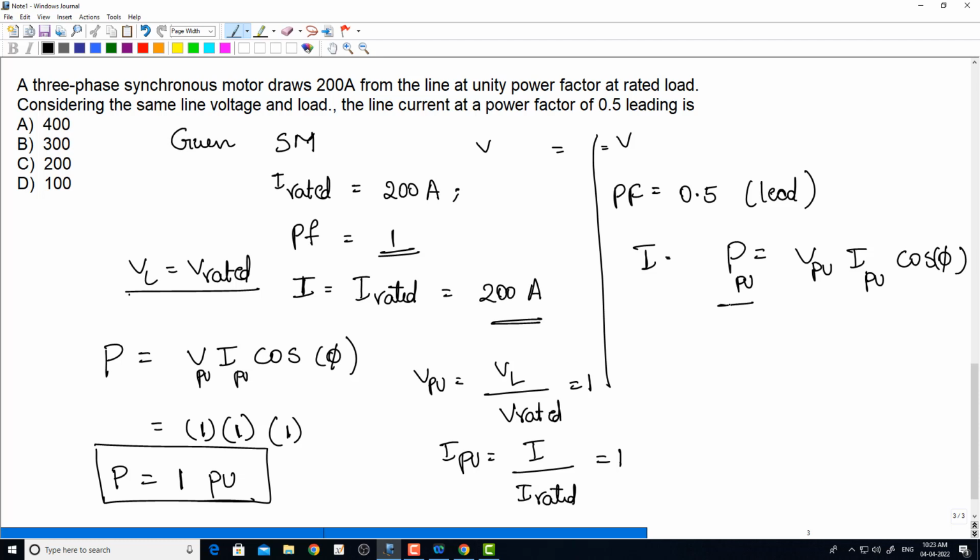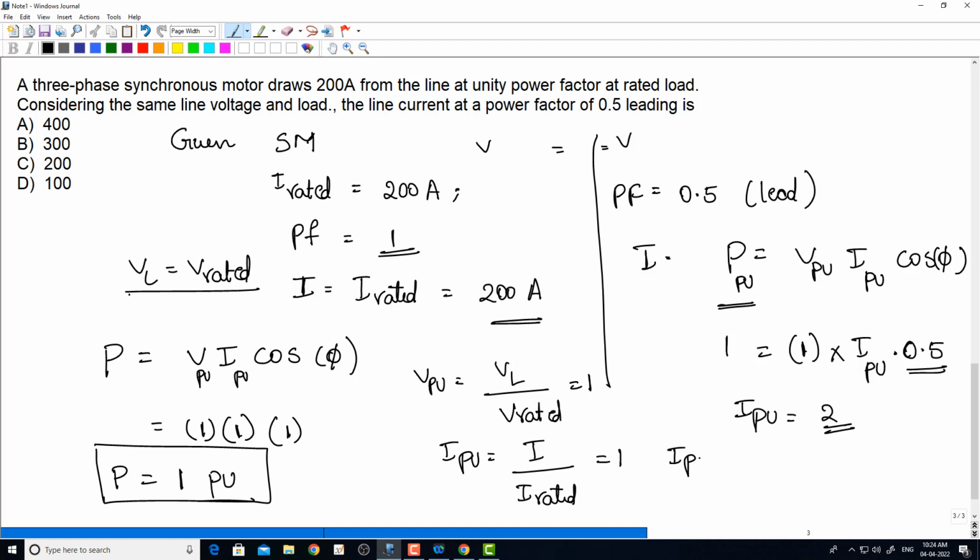P per unit is constant, same load rate, so 1 is equal to same line voltage into I per unit, we need to find out, into cos phi. Cos phi is how much? 0.5 power factor lead. So, I per unit is 2. But we need to find out the actual value.